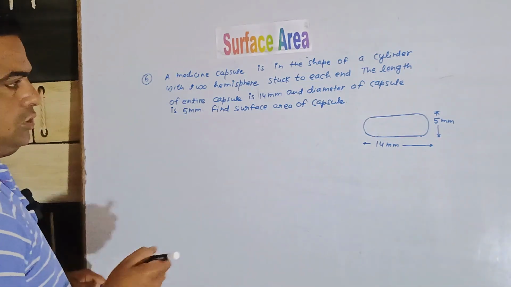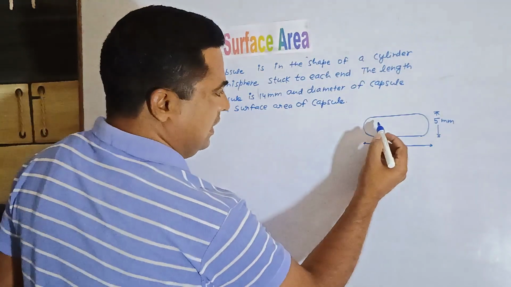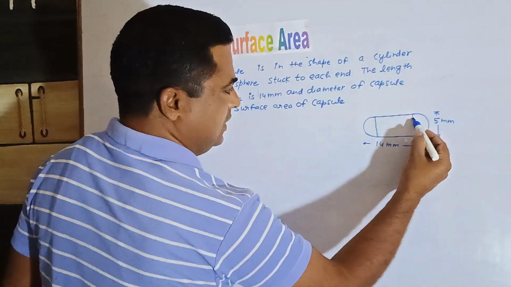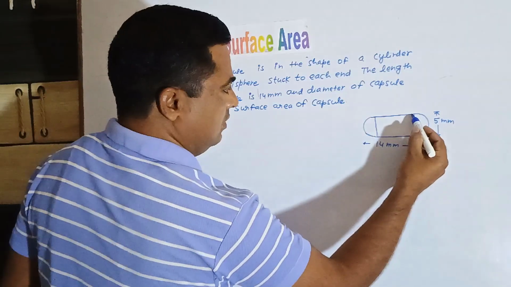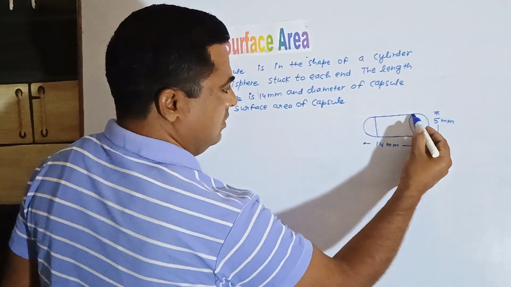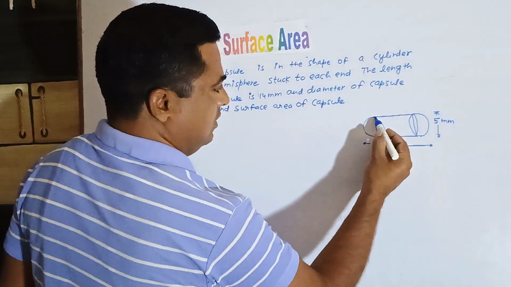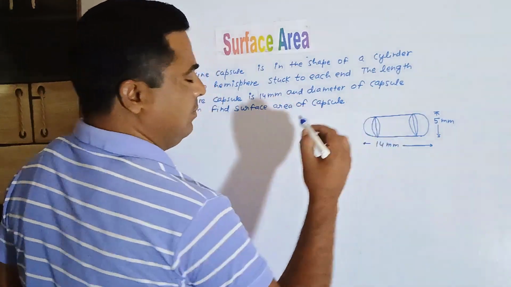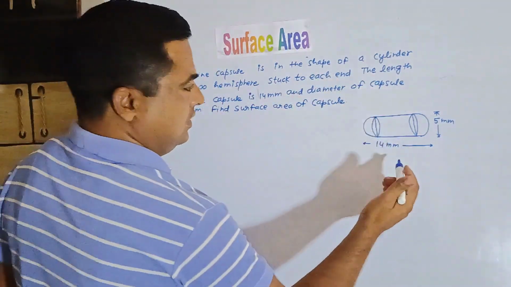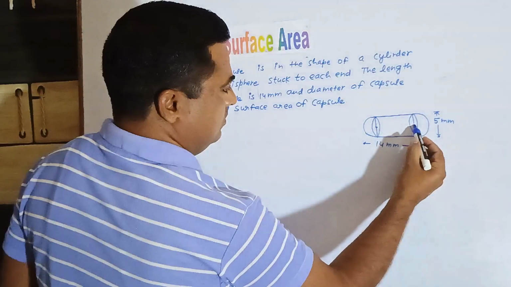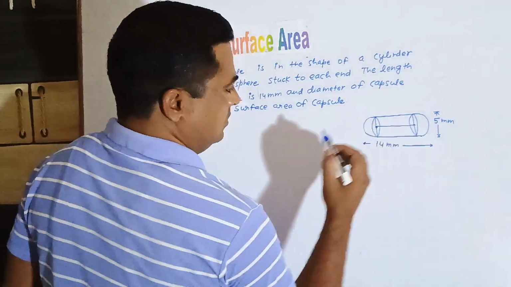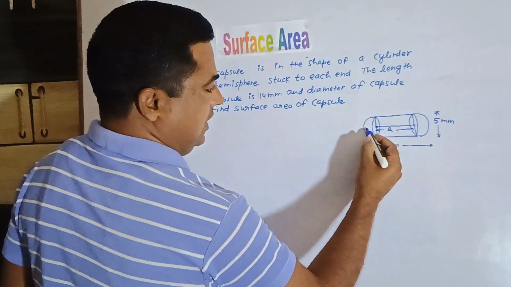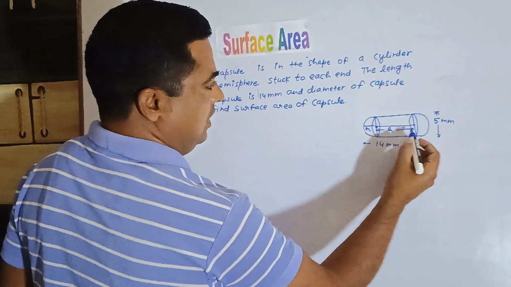So students, you can see here we have a cylindrical part. If we break this part, we have a cylinder, correct? And there are two hemispheres on both the ends. Suppose the length of the cylindrical part is h, and the radius of the hemisphere is r.